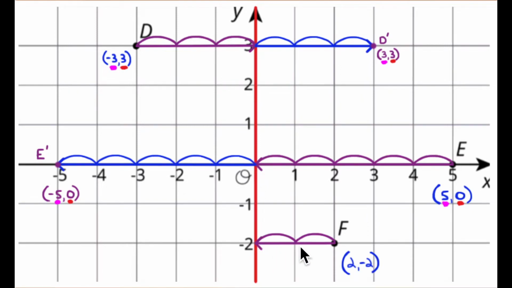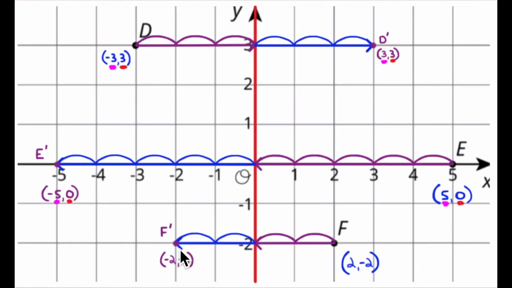But instead of going to the right, a positive 2 units, you're going to go to the left, which is a negative 2 units. So for F prime, the y-coordinate is the same because you're going into the same position along the y-axis. You're just going in the opposite direction for the x-coordinate. So this is a negative 2 rather than a positive 2.